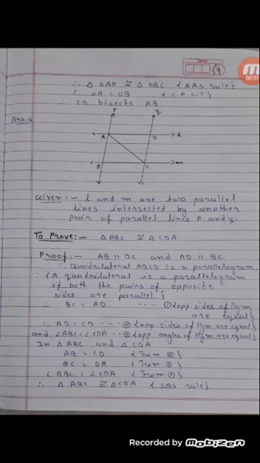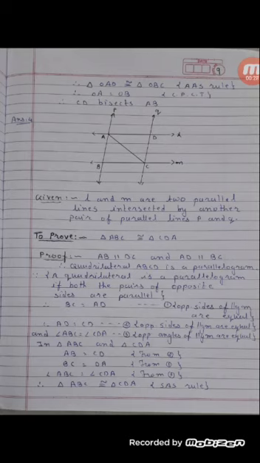Now question number 4. L and M are two parallel lines intersected by another pair of parallel lines P and Q, so that triangle ABC is congruent to triangle CDA. Here, answer number 4. Given: L and M are two parallel lines intersected by another pair of parallel lines P and Q. To prove: triangle ABC congruent to triangle CDA.